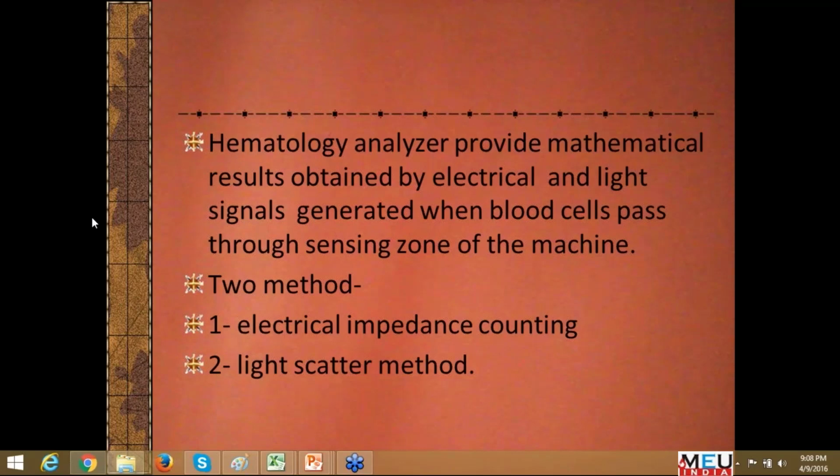The amount of oscillation produced could be in thousands or millions, depending upon whether WBCs or RBCs are passing, and the frequency and the amplitude of the oscillation is noted and passed through a computer to generate a histogram. In the light scatter method, light is passed onto the cells, and it is scattered.